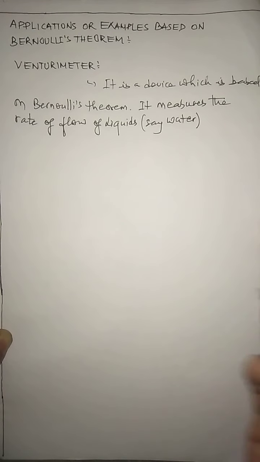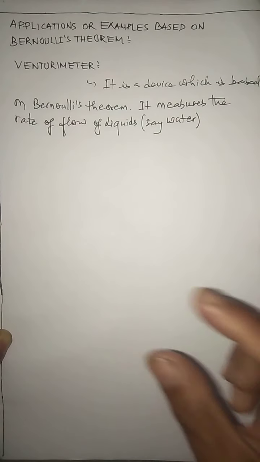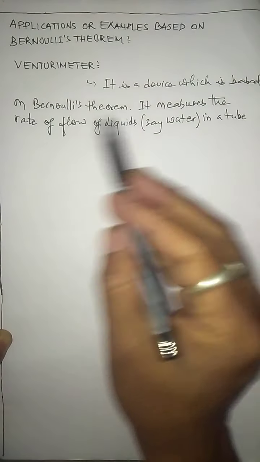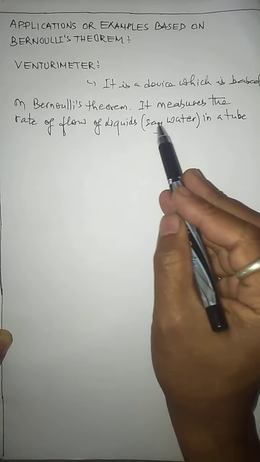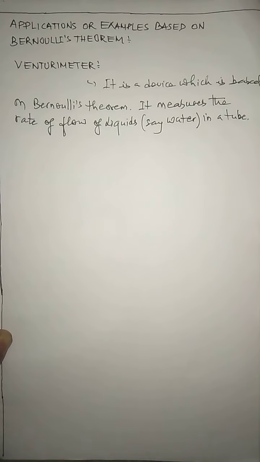Such a liquid, when it flows through a tube, which we call a streamlined tube having different cross-sectional areas, acquires what flow? Streamlined flow. Even this Venturi meter theory works under streamlined flow. So children, we deal with the measurement of the rate of flow of liquids, like water, in a tube. This is the main purpose for which the Venturi meter is used.